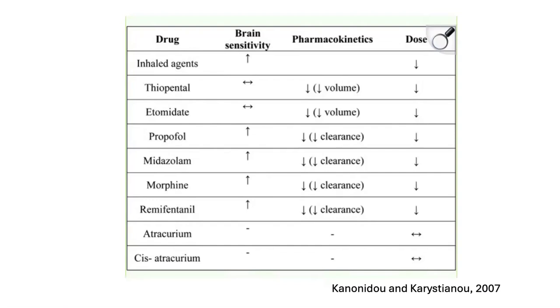According to literature, MAC requirements decrease by 6% every 10 years after the age of 40. So you need to bear that in mind. Elderly patients don't need as much volatile as a young patient who is 20 years of age, so you need to reduce your volatile requirements for these patients.